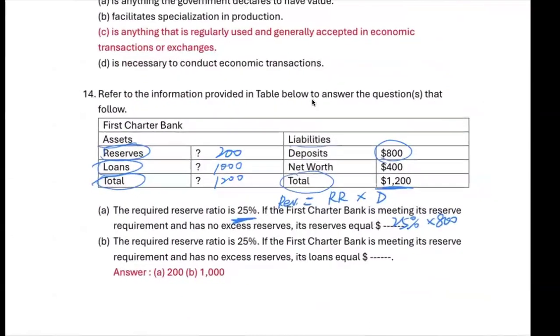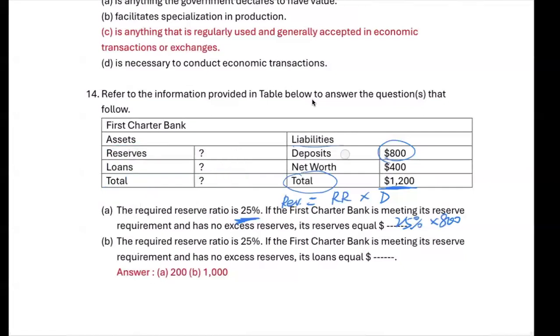Question 14, we can look at this table first. And I will give you another equation, this one. The reserve equals the reserve ratio times deposits. So now you know the deposit is 800 and the reserve ratio is 25%, then you will get 200, right?